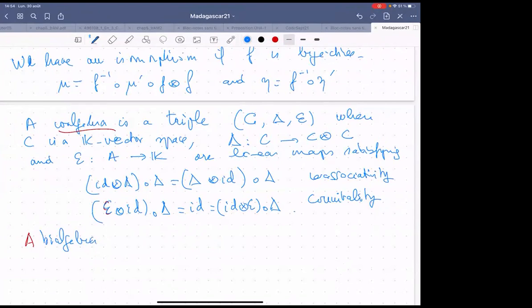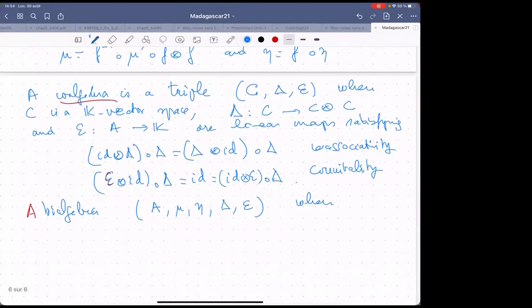A bialgebra is a tuple A, mu, eta, delta, and epsilon, where A, mu, eta is an algebra, and A, delta, epsilon is a coalgebra.